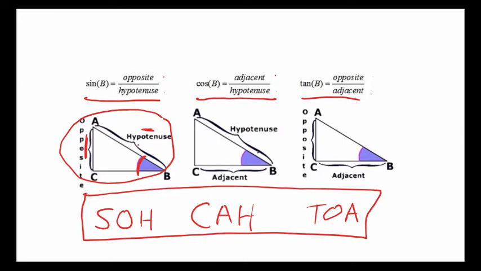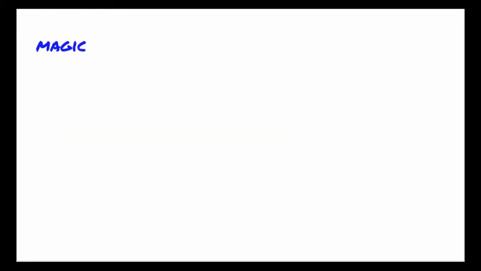If I want to know something, like let's say I have this triangle, if I want to know what the length of the adjacent leg is, I would use the cosine function, because I have the hypotenuse and I want to know the adjacent. So which function you use depends on what sides you have or you want. Okay, so real quick, let me show you how this works. It's not like some sort of magic. It's just based on geometry.